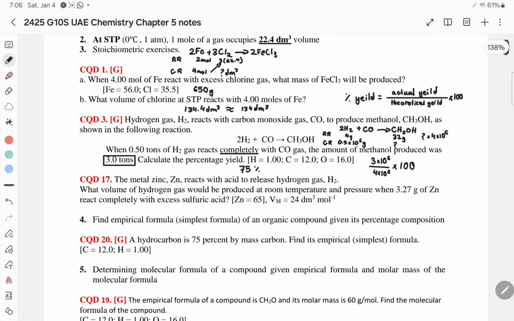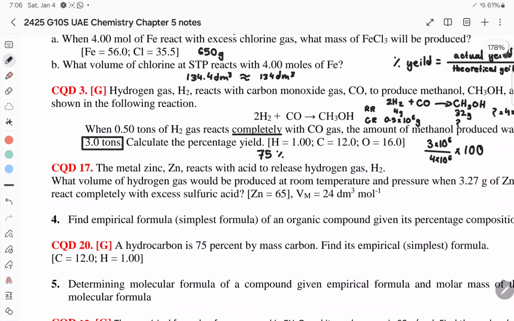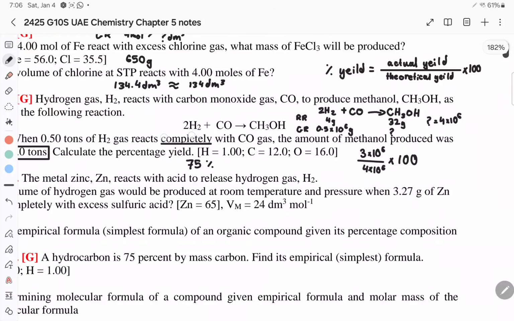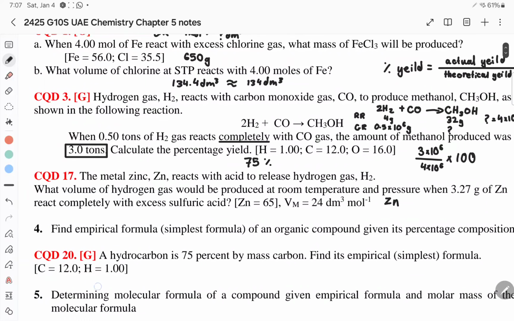Now, let's see. You have the metal zinc. So in our equation we have zinc reacts with an acid and releases hydrogen gas. And you have excess sulfuric acid.